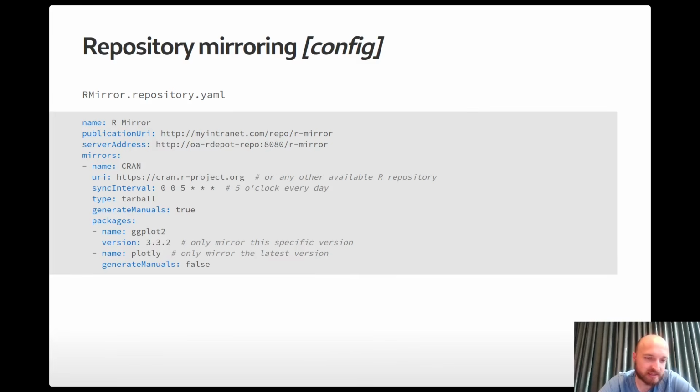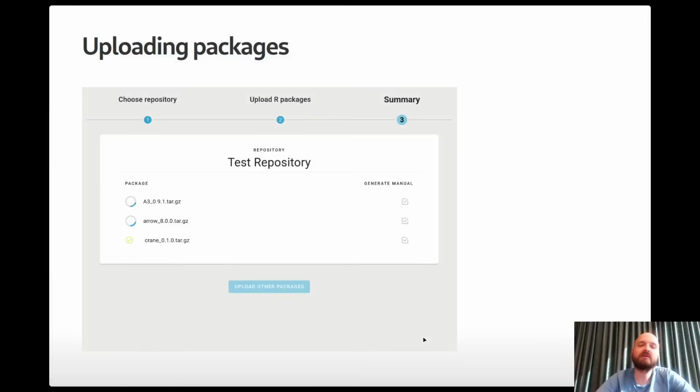So in this case, we only synchronize ggplot2, and in this case, a specific version, so only version 3.3.2. And then we are also synchronizing plotly, and since we don't specify a version, this will always take the latest version.